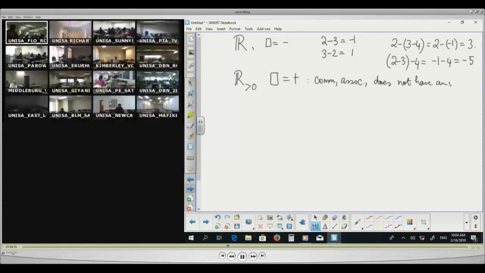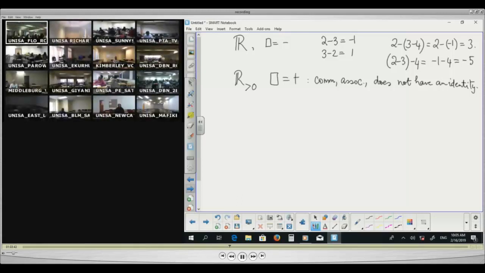So you can see, that was the intention of one of the last exercises in the first self-assessment, for you to give examples of binary operations. You take these three properties, so you should be able to make a table of all possible choices of ticks and crosses. Okay? So you see, it's quite interesting.